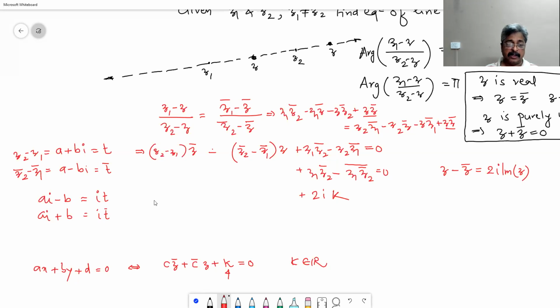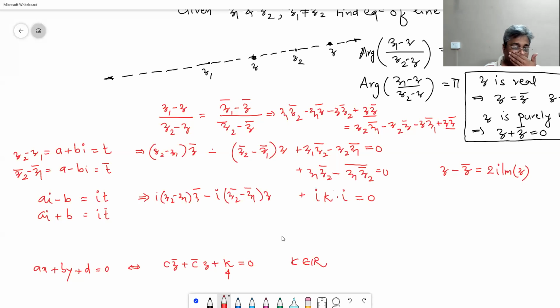So this is equal to i times (z2 minus z1) z bar minus i times (z2 bar minus z1 bar) times z plus k. Anyway, k is a real number, so I can absorb these two inside k and write it as ik into i times k into i is equal to 0, 0 into i.